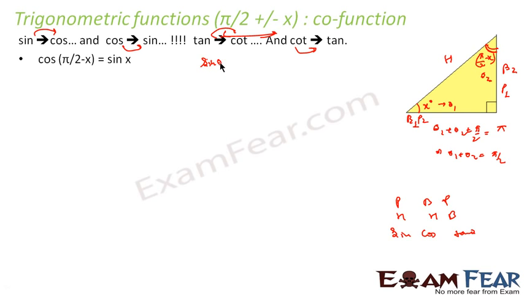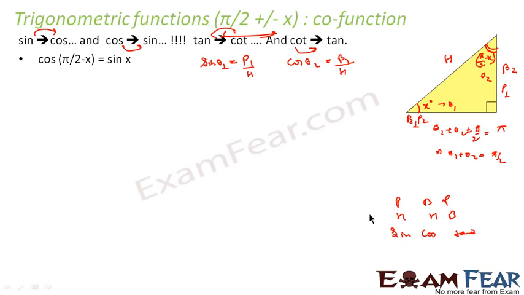When I say sine of theta 1, that becomes p by h. So p here is this side, p1 by h. When I say cos of theta 2, taking theta 2 as the reference, cos is equal to b by h, so b2 by h.